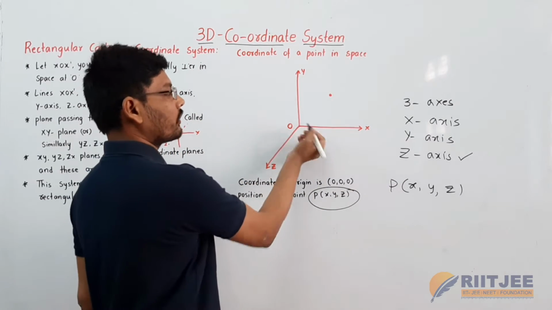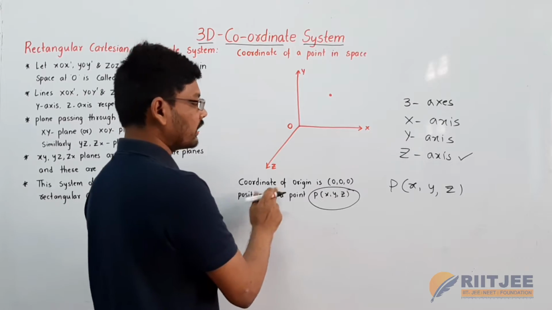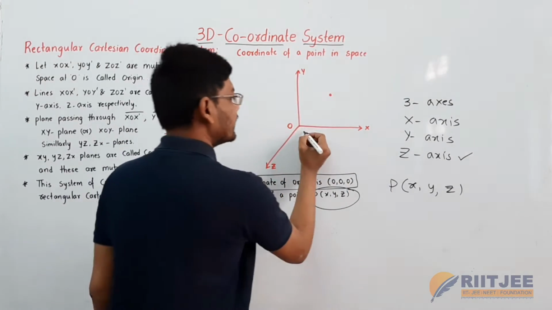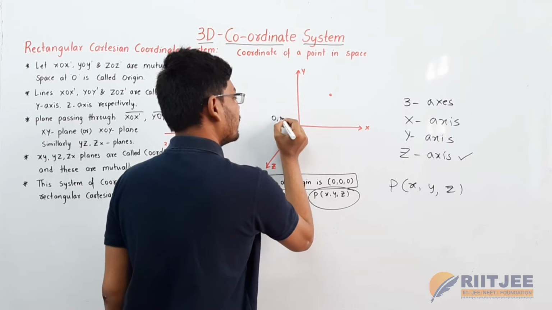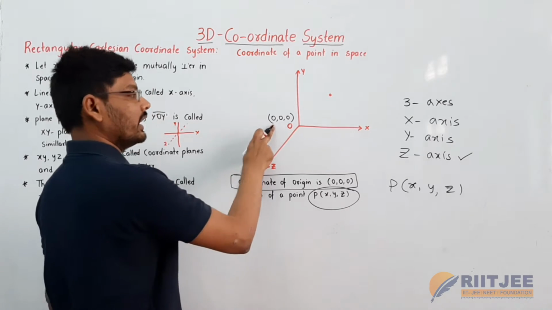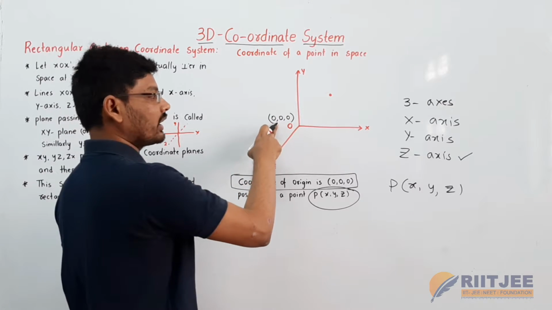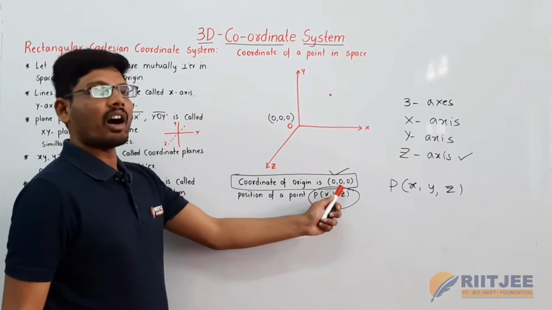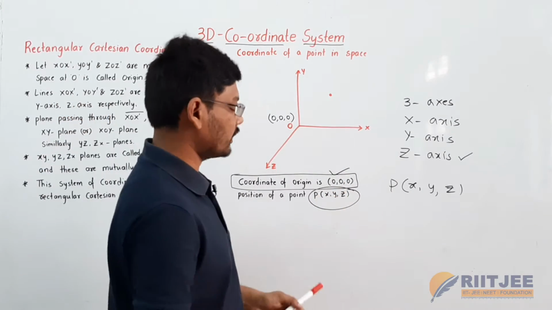The origin of the 3D coordinate system is 0 comma 0 comma 0, where the x ordinate, y ordinate and z ordinate are all 0.